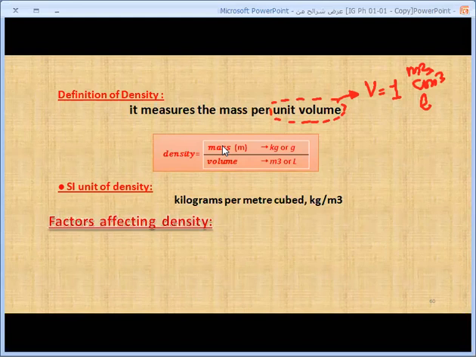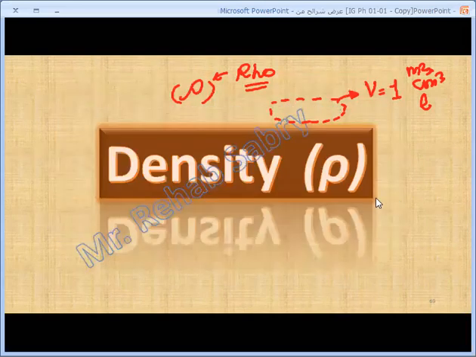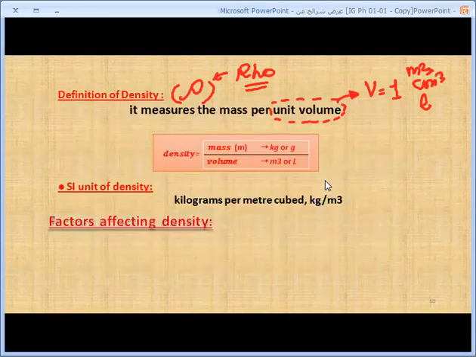According to that, the density equals the mass divided by volume. The density has the symbol rho, if you remember. Rho is a Greek letter, it's not P. It's rho, a Greek letter corresponding to the letter R in English.